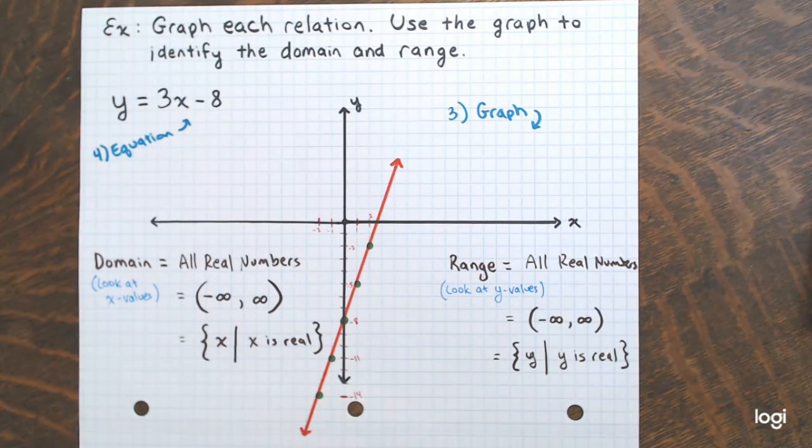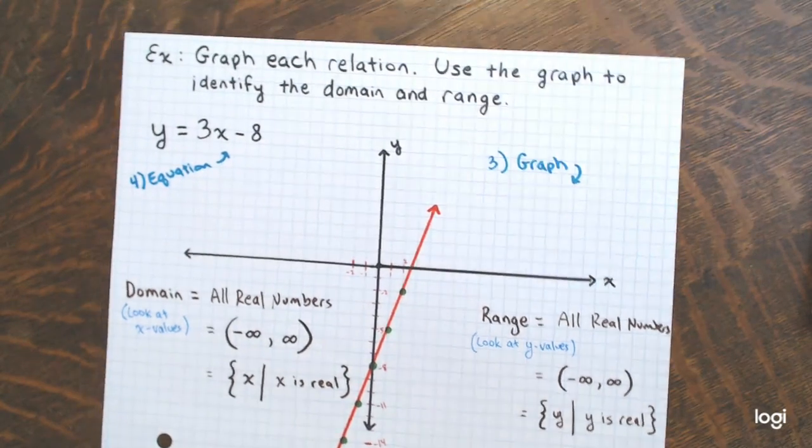For the next couple of examples, I'm not going to do the mapping or the set of ordered pairs, because you're going to see that the relations have infinitely many ordered pairs, and a mapping and set of ordered pairs would be impractical. So here's another one.